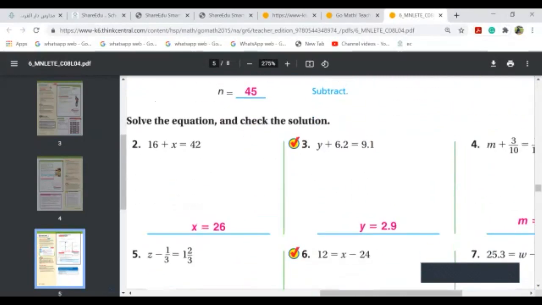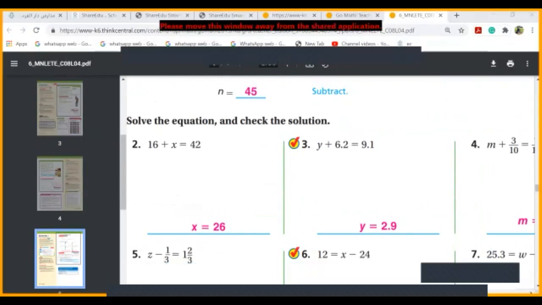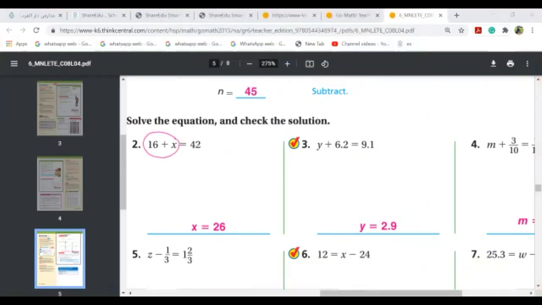Watheen, okay, do the second one with me. 16 plus x. This is the left hand side and this is the right hand side. I want x alone. So I will send 16 to the right hand side.